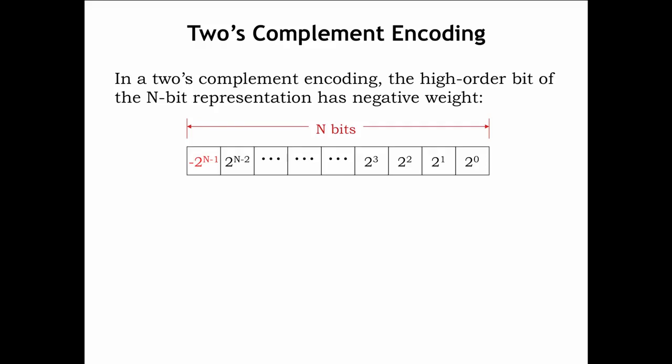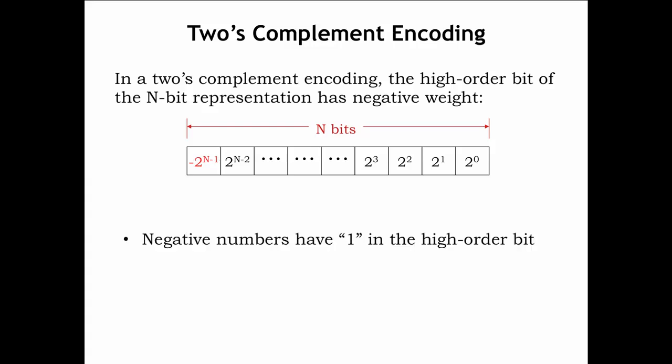In this representation, the higher order bit of an n-bit 2's complement number has a negative weight as shown in the figure. Thus, all negative numbers have a 1 in the higher order bit, and in that sense, the higher order bit is serving as the sign bit. If it's 1, the represented number is negative. The most negative n-bit number has a 1 bit in the high order position, representing the value minus 2 to the n minus 1.